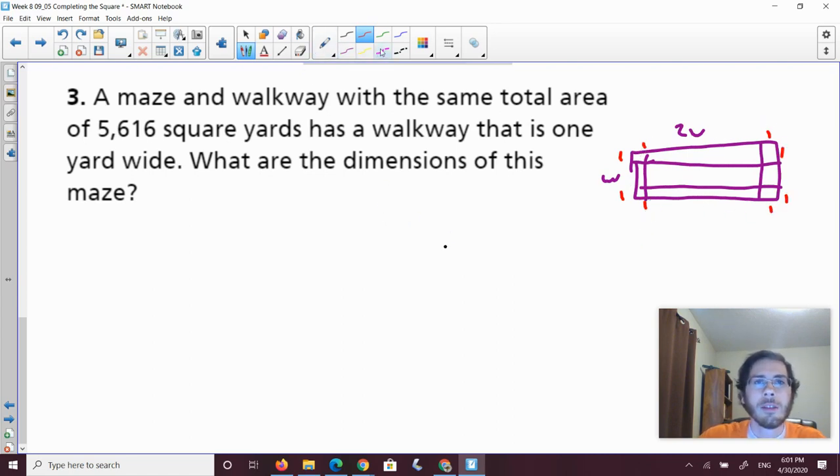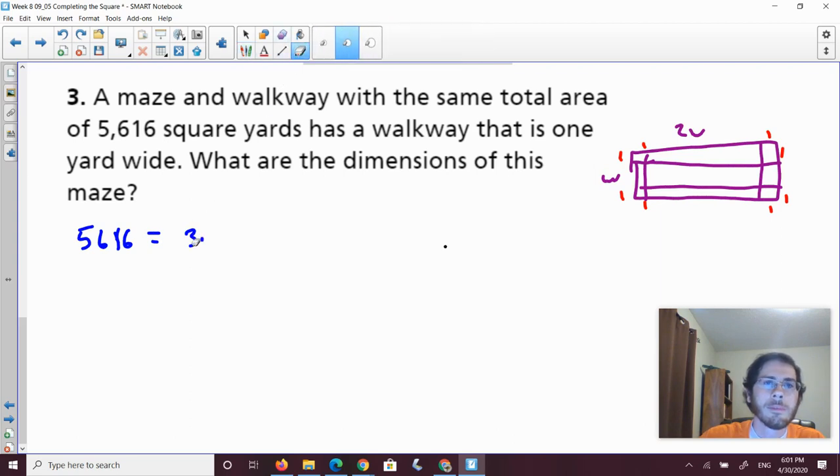So when we make this expression, we're going to get again 5616 is equal to, in this case, length times width, which is 2W plus 2 times W plus 2.